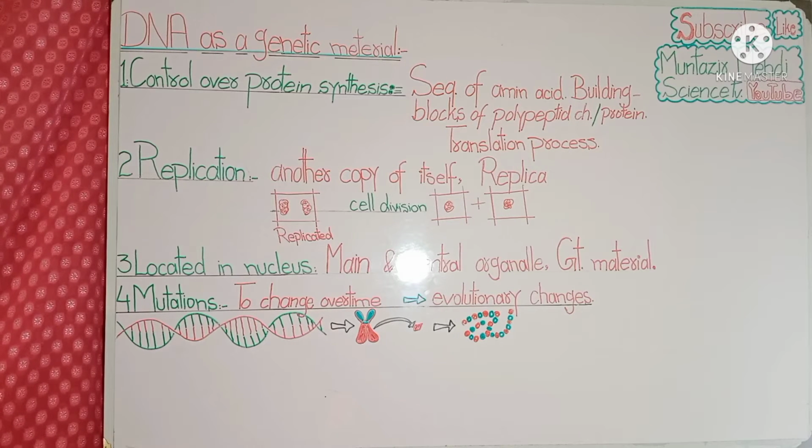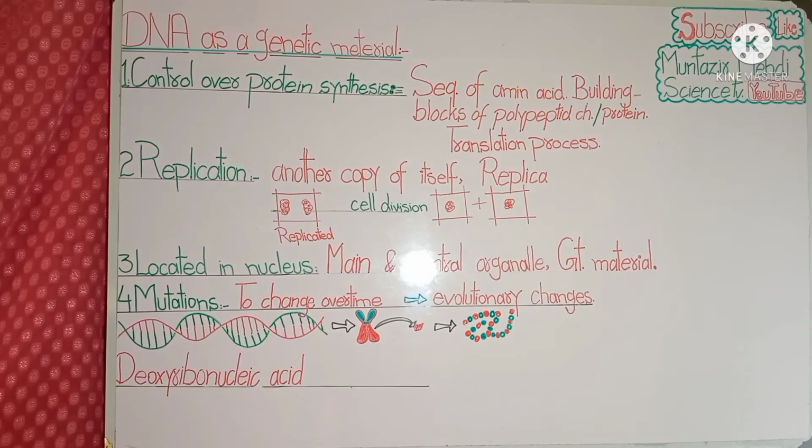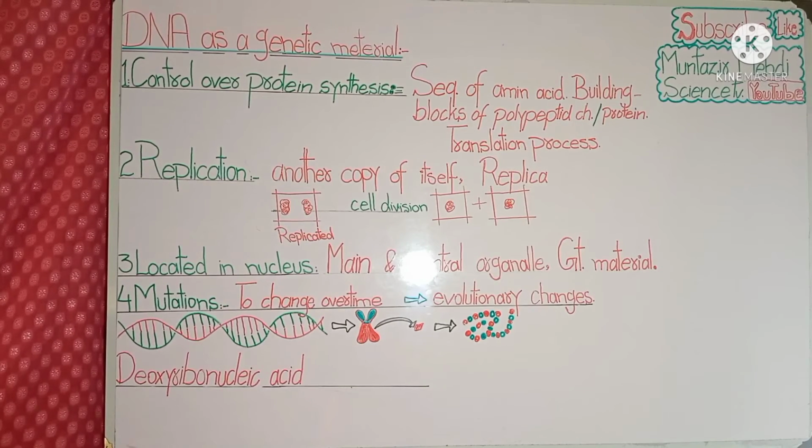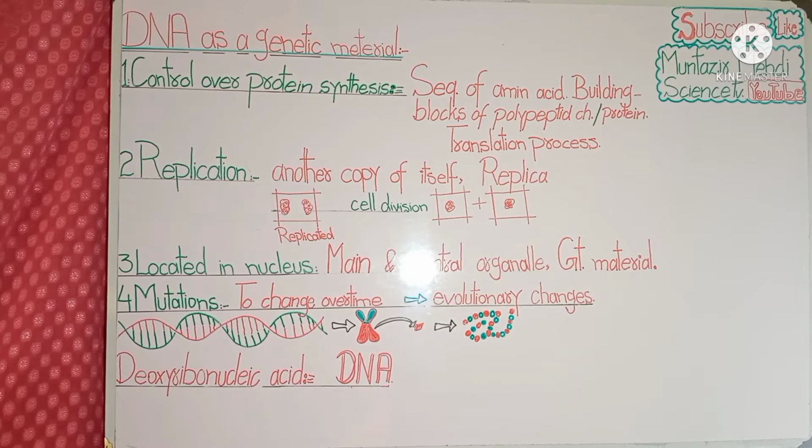So all of these expectations are fulfilled by a single molecule, that is deoxyribonucleic acid, shortly called DNA. DNA is the only molecule that fulfills all these requirements: it has control over protein synthesis, undergoes replication as it synthesizes its own copy, is located in the nucleus, and undergoes mutation.